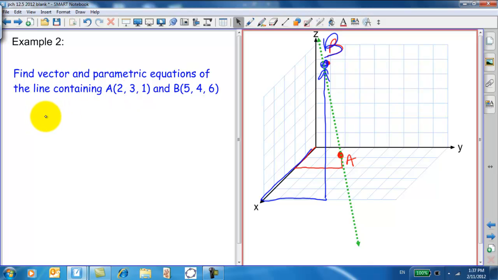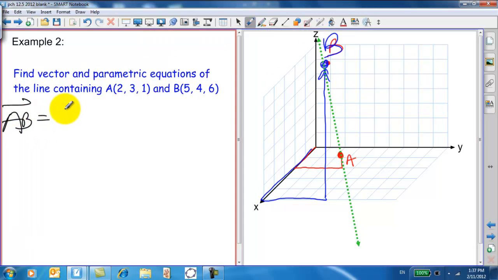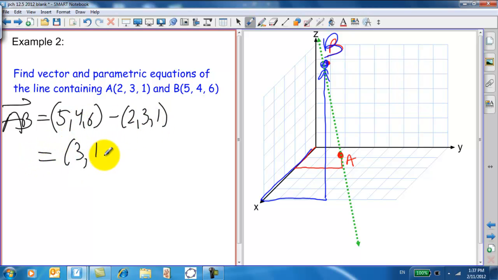So first we need a direction vector from A to B. So vector AB will equal B (5, 4, 6) minus A (2, 3, 1). That's how you go from A to B. You've got to subtract them in that direction. So you get (3, 1, 5). That's your direction vector. And now you can use either point.